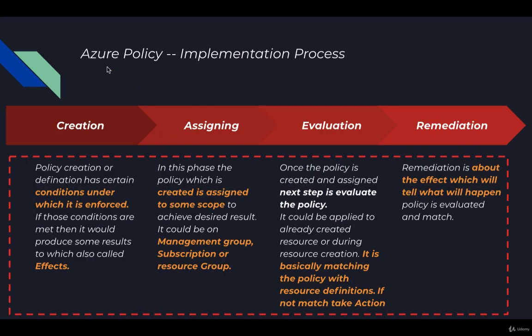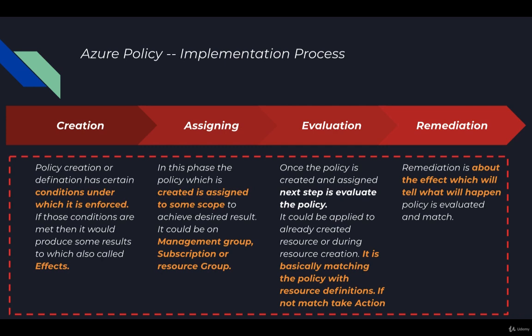As for the policy implementation process, the first step is creation. A policy creation or definition has certain conditions under which it is enforced. When we create the policy, we want that if these conditions are met, then it produces certain results. What should be the overall effect?